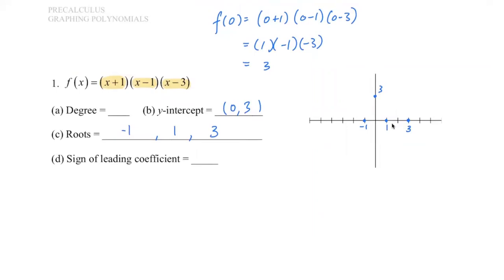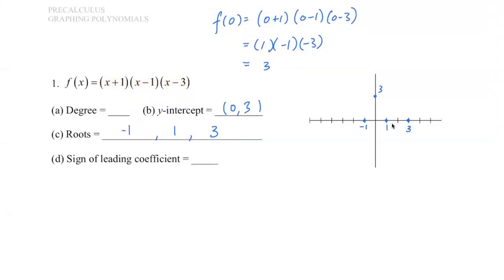Now, this next thing is to find out the degree and the leading coefficient, the sign of the leading coefficient. Now, the best way to accomplish this task is that I'm going to advise you to do this, okay? And that is, imagine that you are actually doing the FOIL process. Okay, imagine. And of course, it's kind of hard to imagine when you have more than 2 sets of parentheses, right?